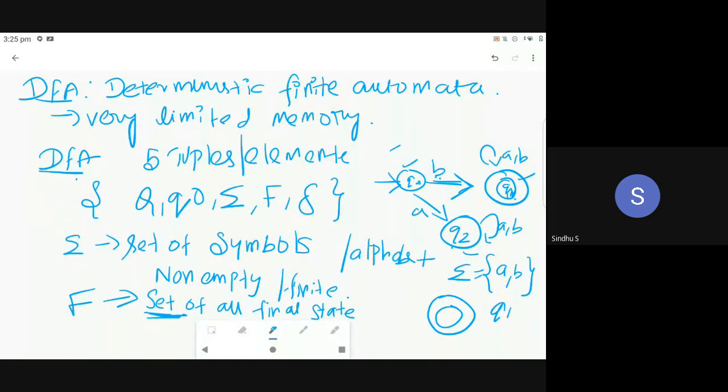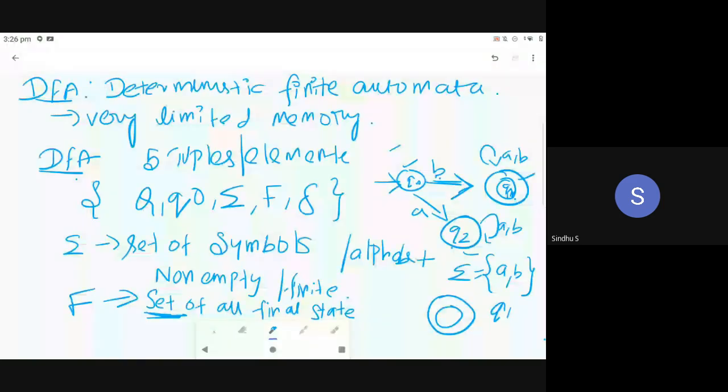Just understand that whenever you are designing a DFA, more than one final state is allowed, and it is represented in the diagram with a double circle. So whatever state has been encircled with the double circle, that particular state is called a final state.